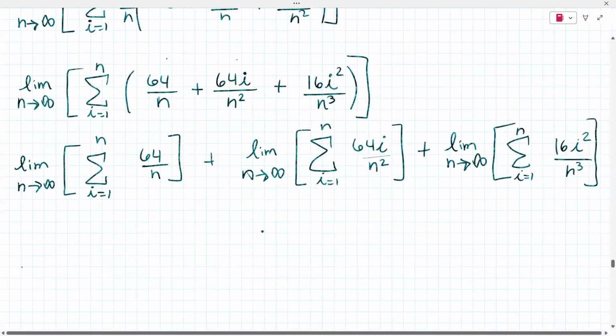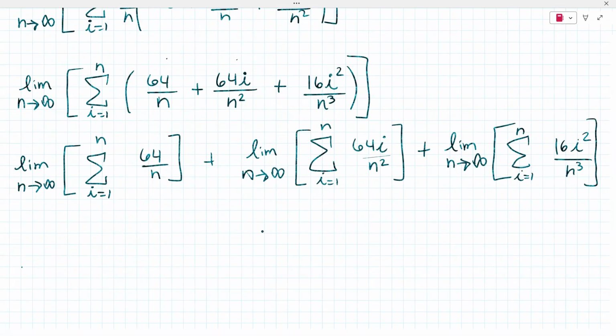So remember, we could put the constant in front of the limit. So 64 over n is a constant because n can be like 1 or 2, which is constant. On the second one, you could take out the 64 and the n squared. And then on the third term, you can take out the 16 and the n cubed. So that's what I'm going to write out.